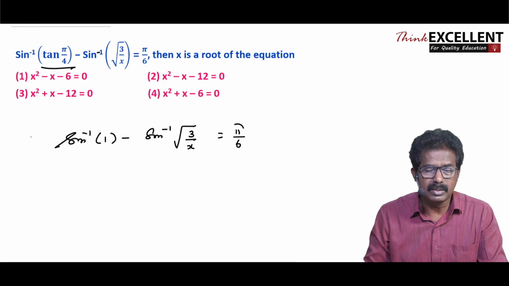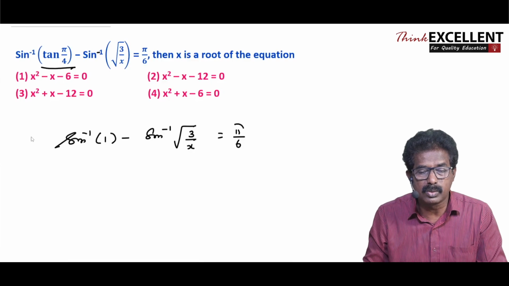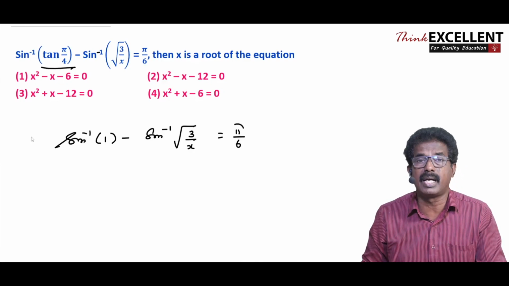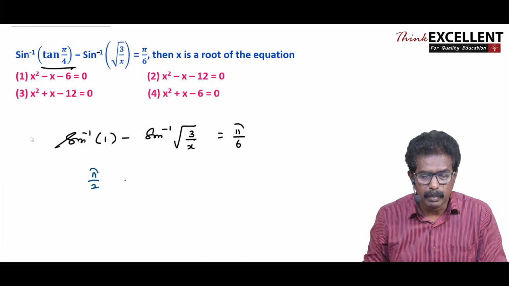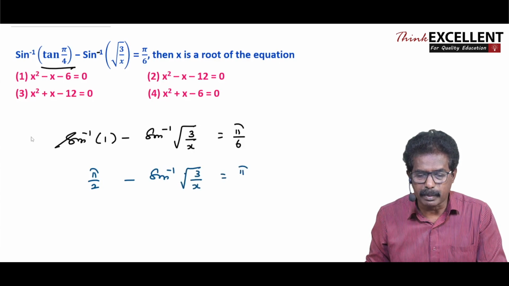Here again, the first one's value, sine inverse 1. Sine of which angle is 1? 90, right? So pi by 2 minus sine inverse √3 by x equals pi by 6.